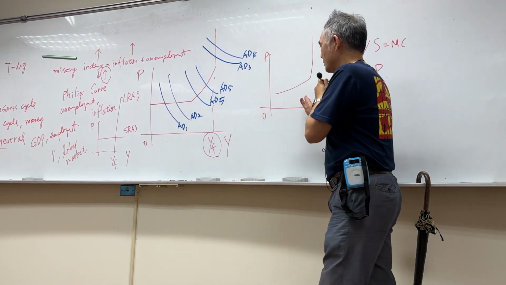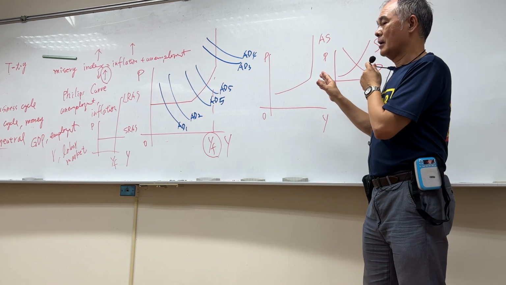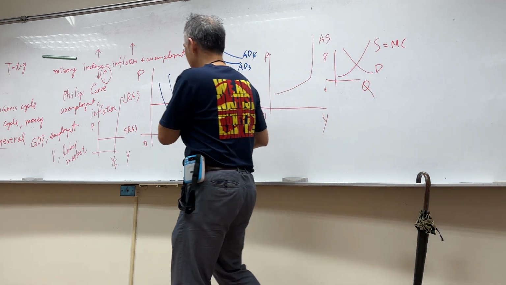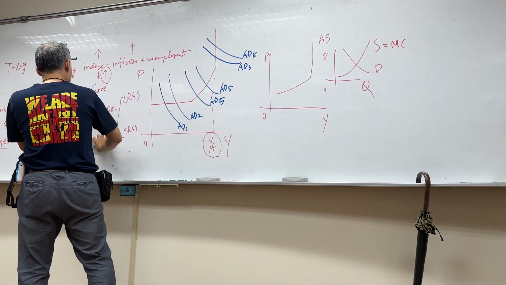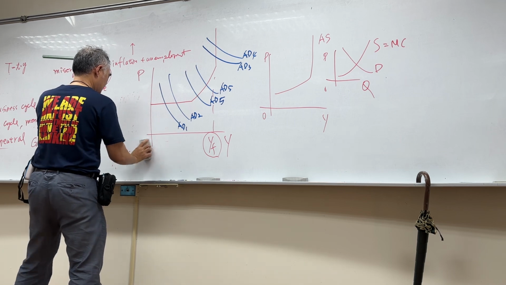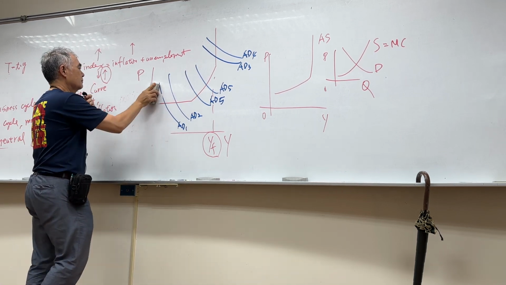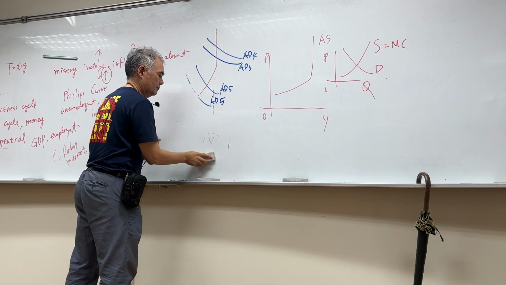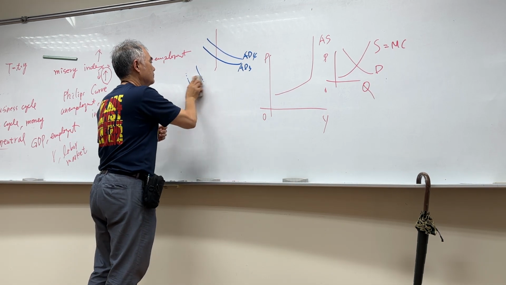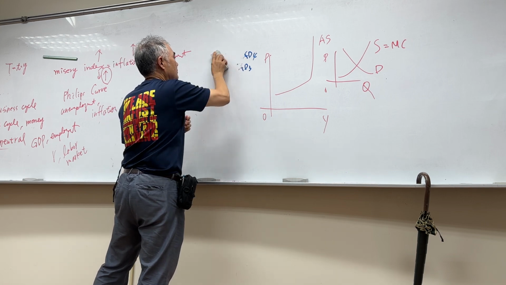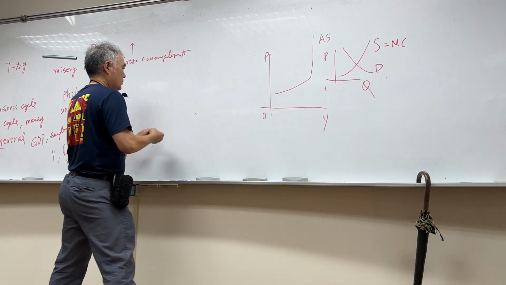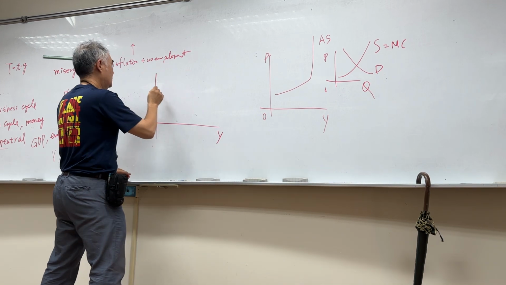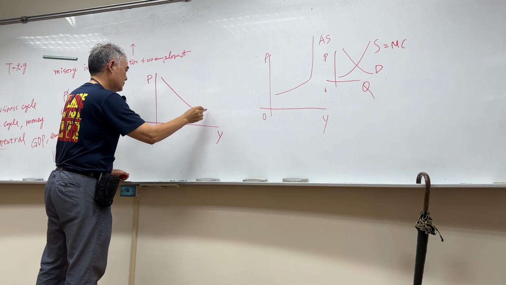Okay? So here we finished discussing aggregate supply, and then we need to go to aggregate demand. So what is aggregate demand? Aggregate demand looks like this.